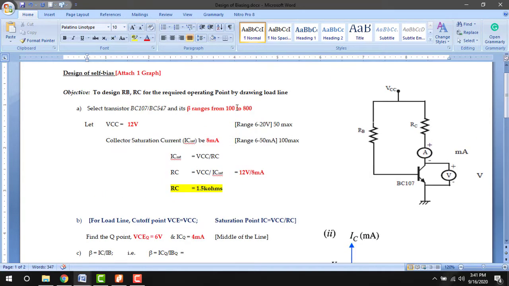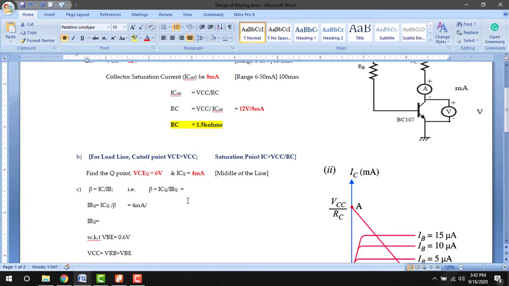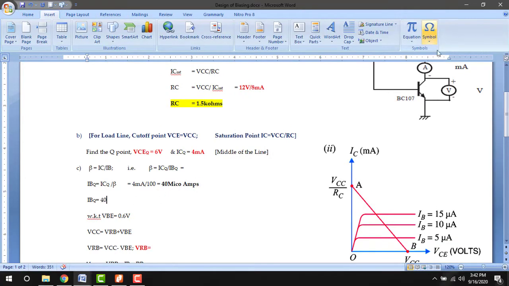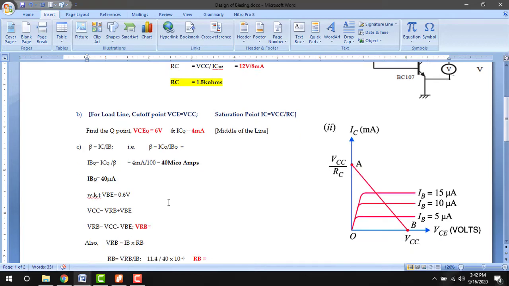The range is given. I choose the minimum, 100, which gives 40 into 10 power minus 6. So this is our IB value, 40 microamps.